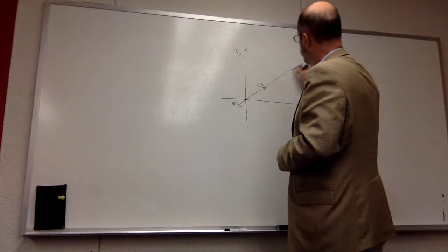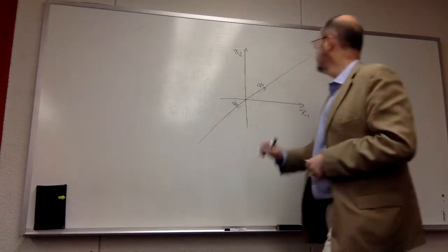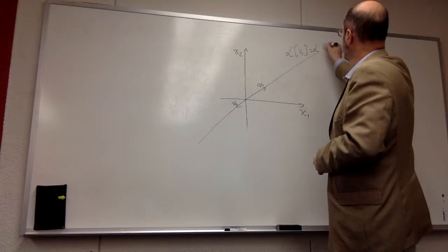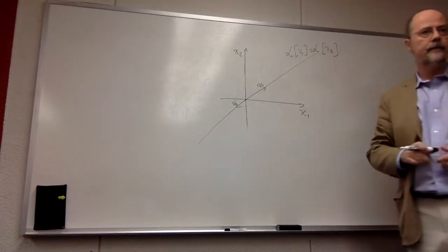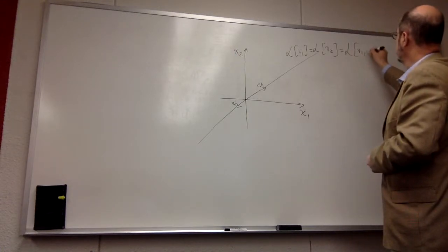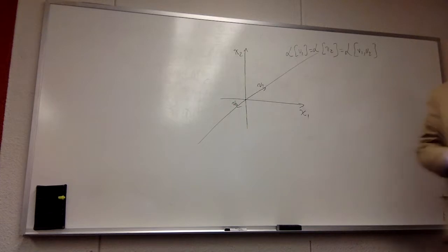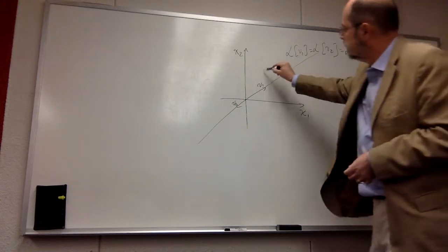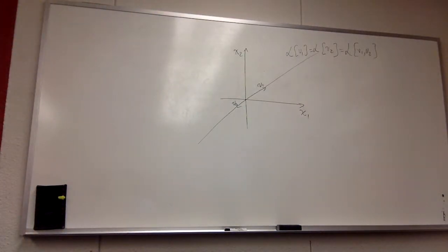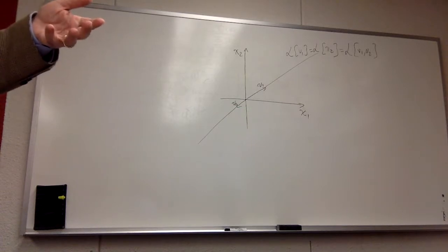So if I extend the line, this then is L of v1, and at the same time L of v2, and at the same time L of v1, v2. I cannot possibly generate points outside the line by making linear combinations of v1 and v2, right? Because anything I do by multiplying v1 and v2 will give me a point in the line and not outside, right?